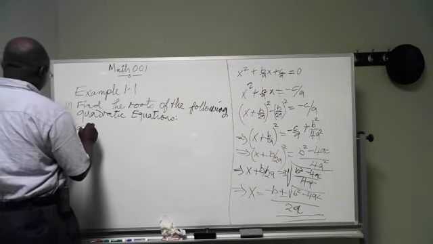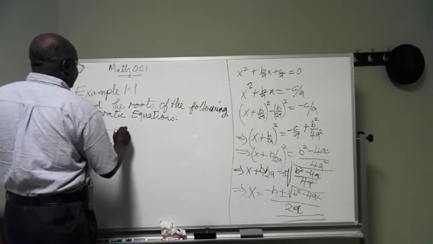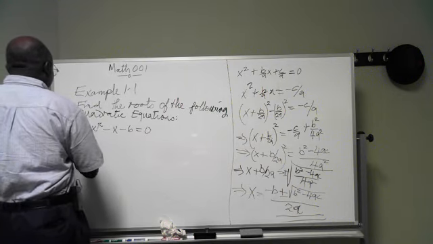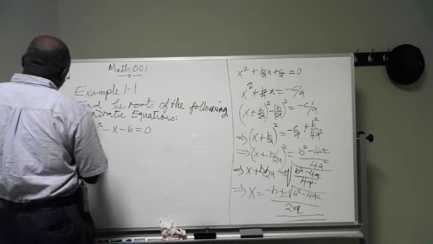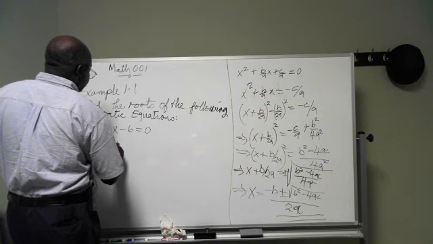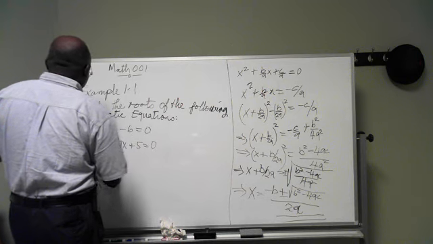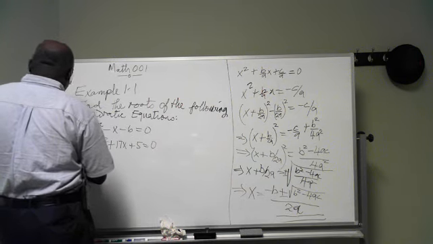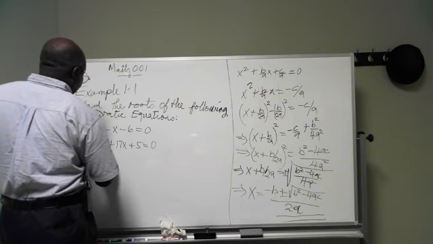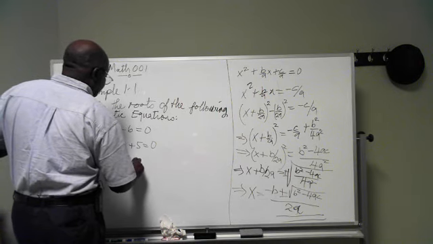A: x squared minus x minus 6 equals 0. B: 6x squared plus 17x plus 5 equals 0. C: x squared plus 9x plus 14 equals 0.